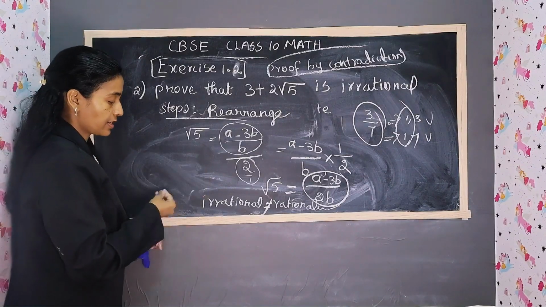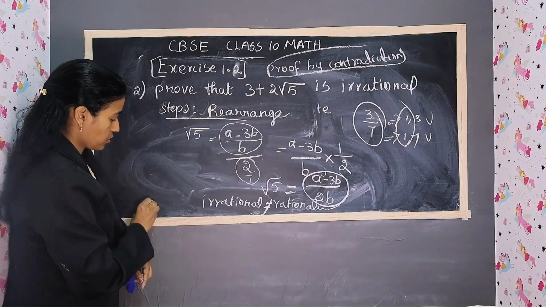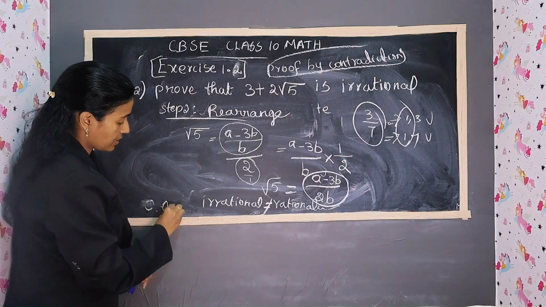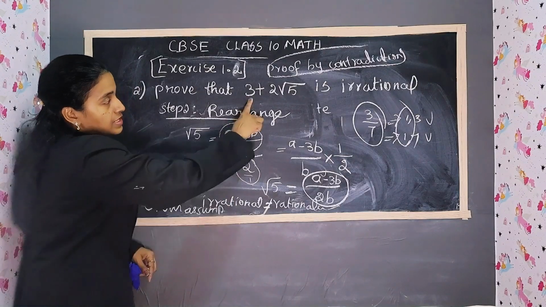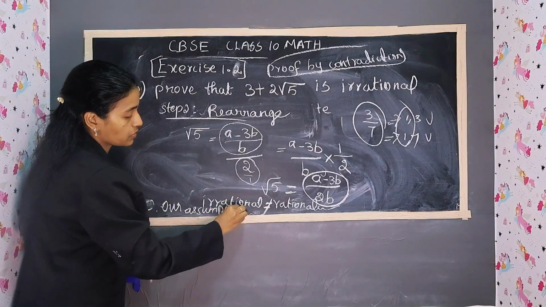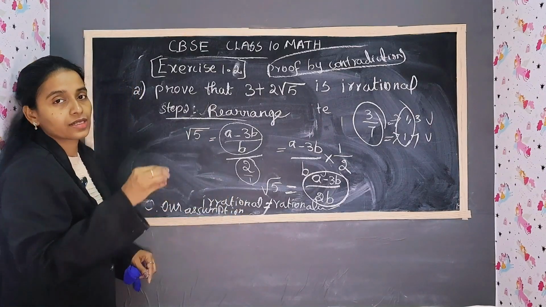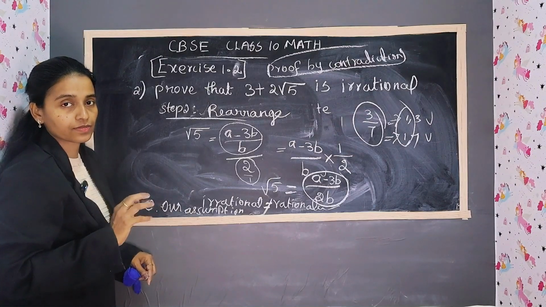Okay. Here, next step would be, so that our assumption is wrong. What is our assumption? This number is rational, right? That is our assumption. So automatically it shows that this particular 3 plus 2 square root of 5 is irrational.